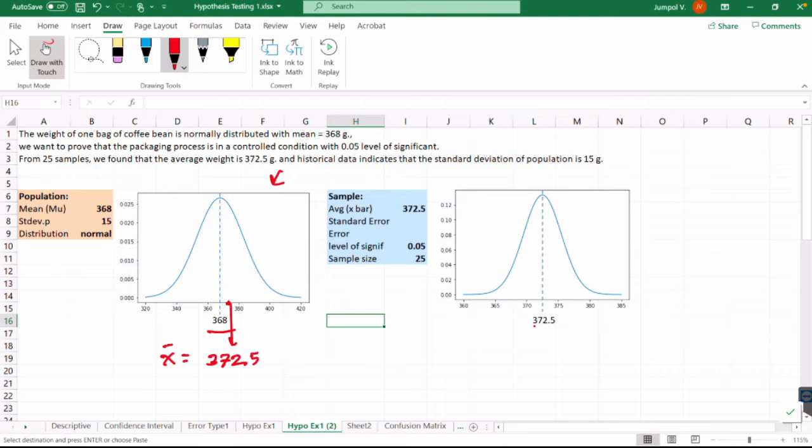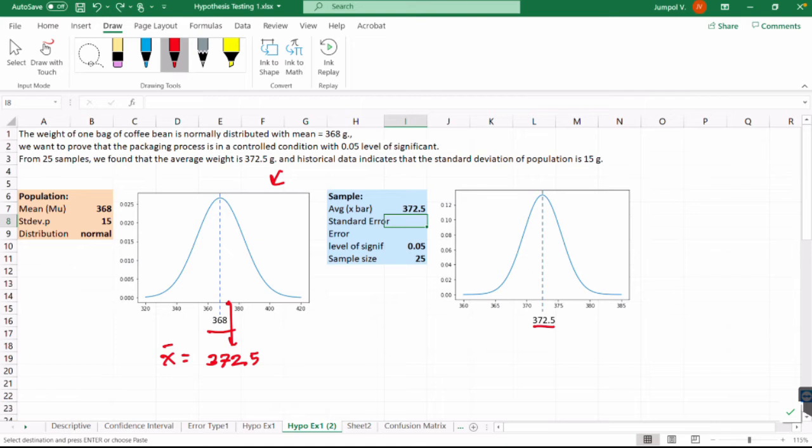It's like a bell shape, and the center has the value of 372.5, and we have to calculate the standard error, which is like the standard deviation of the sample.